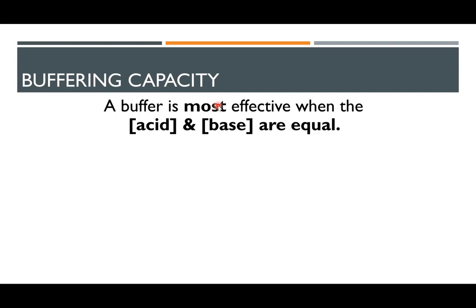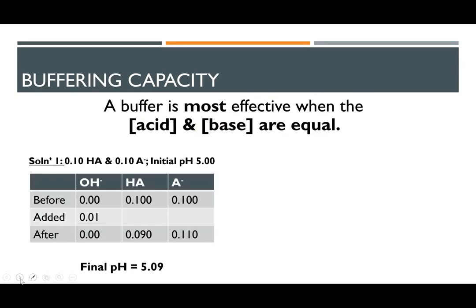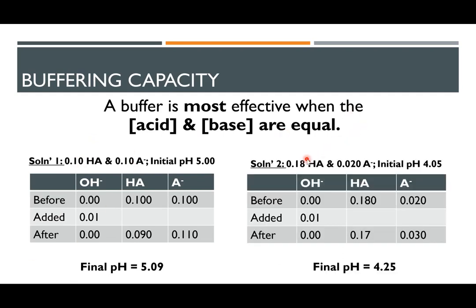Here we see a buffer is most effective when the concentrations of acid and base are equal or closer to equal. So again, we're going to look at the same kind of example. Here we see 0.1 and 0.1. And here we see 0.18 and 0.02. So we see a pretty dramatic difference in the concentrations, a high and a low. And here we see that they're the same. Again, we add the same amount of strong base. And then we test the pH. Here, the pH is changed by 0.09, so 5 to 5.09.